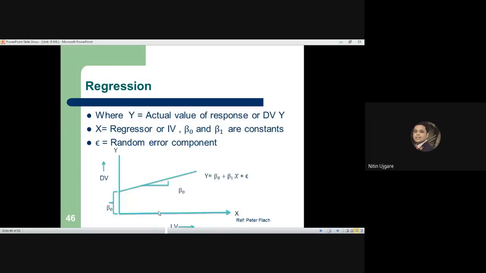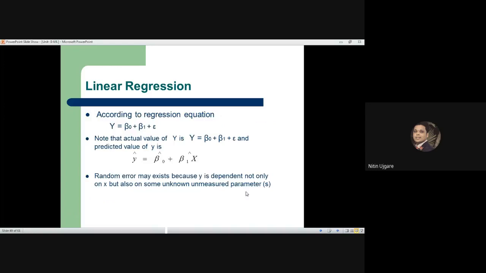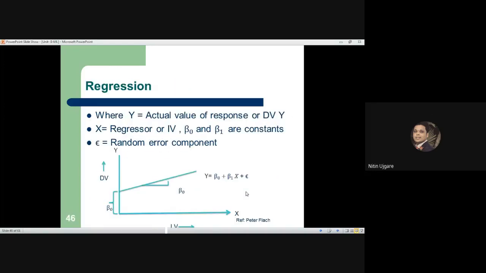Okay, so this is the graphical representation, a two-dimensional representation of a linear regression equation. So x represents our input variable or independent variable, and the y-axis represents our output variable.